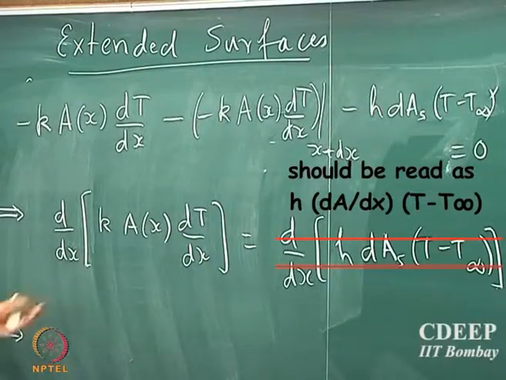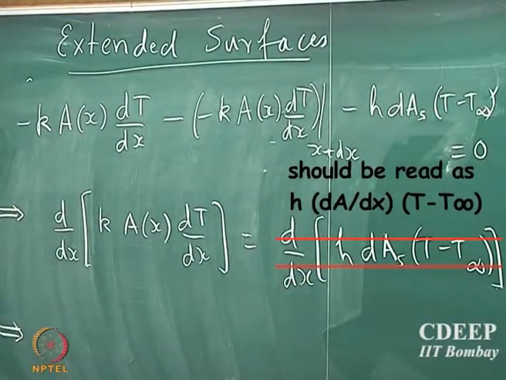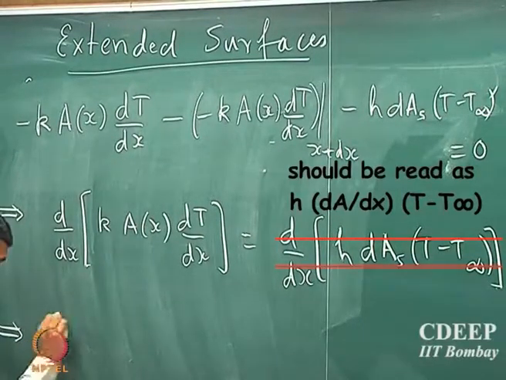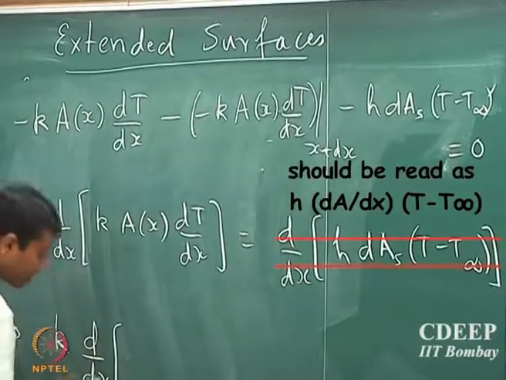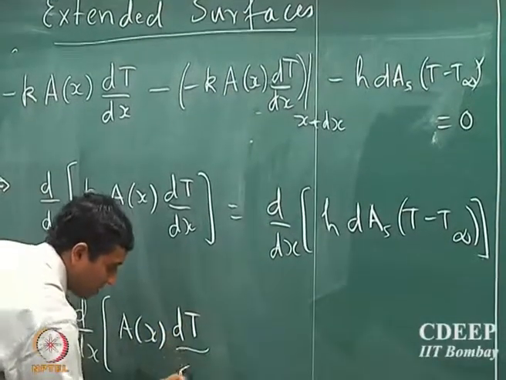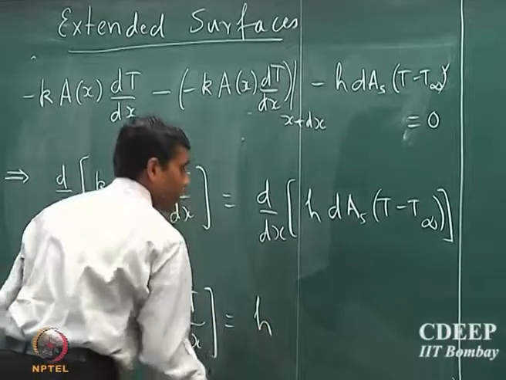If I assume that the thermal conductivity and the heat transport coefficient are not functions of position, then one could pull them out and say k d by dx of A of x dT by dx equal to h.